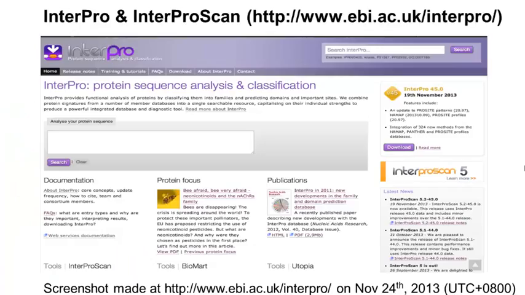Another two very useful related resources are InterPro, which is an integrated secondary database of protein families, domains, and motifs, and InterProScan, which uses the data in InterPro to predict the functional domains and sites in your new proteins of interest.